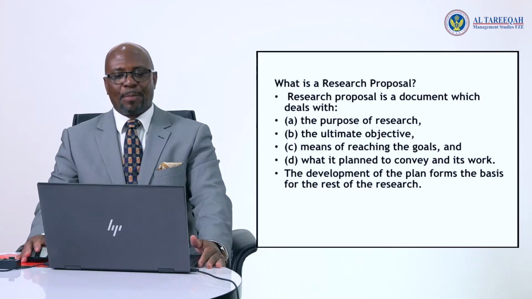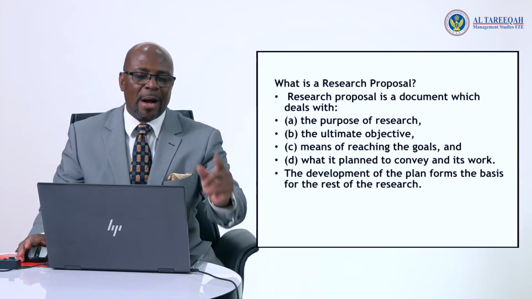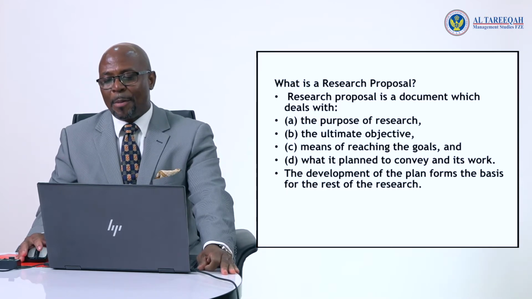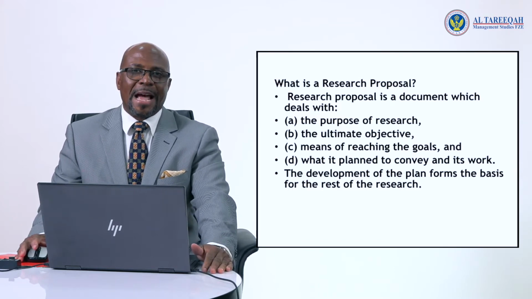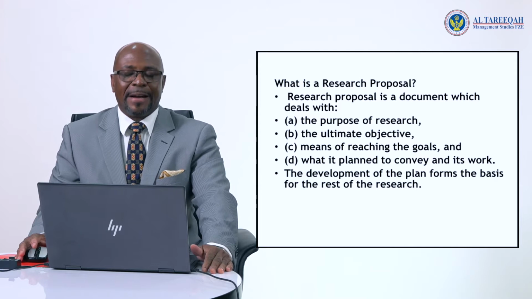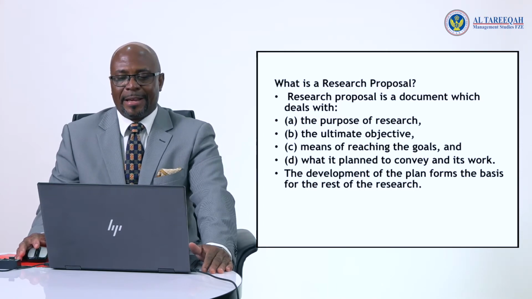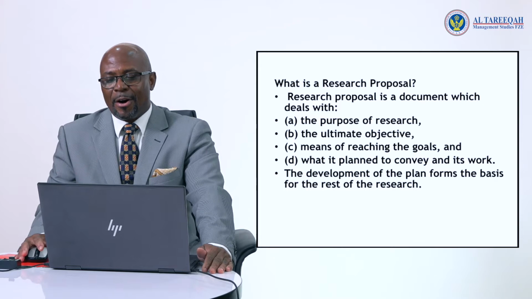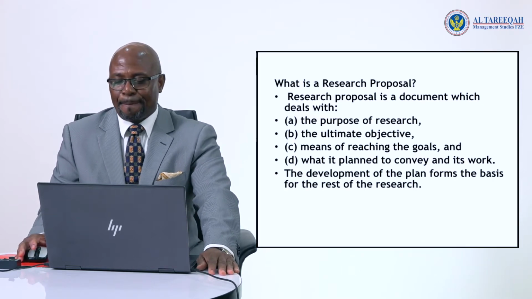Now, a research proposal is a document which deals with, one, the purpose of research. So a research proposal has to identify the purpose of a research. Two, the ultimate objective of the research. Three, means of reaching the goal of the research.